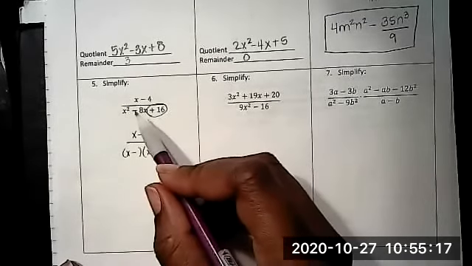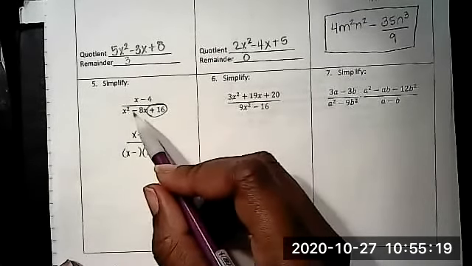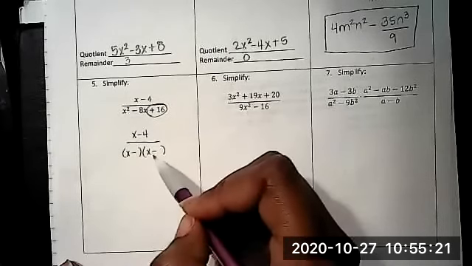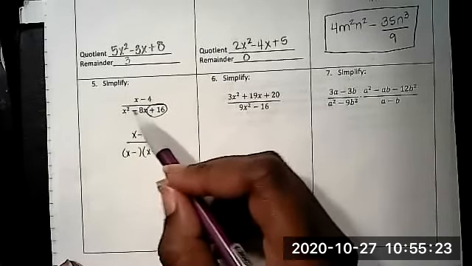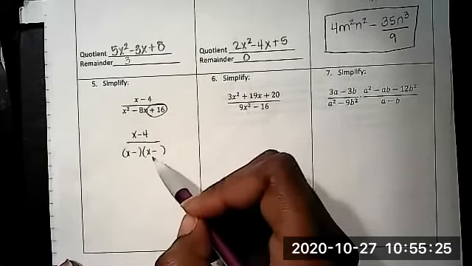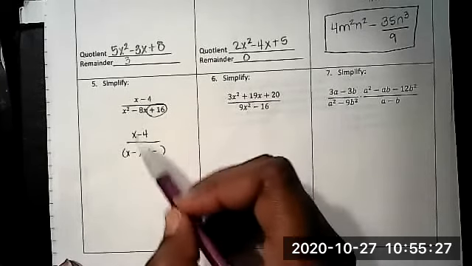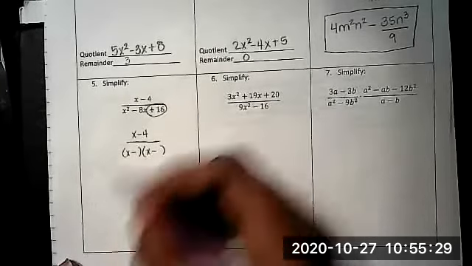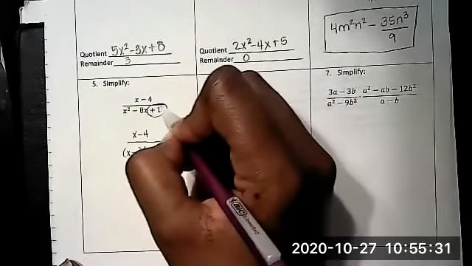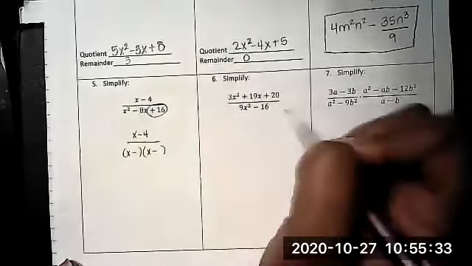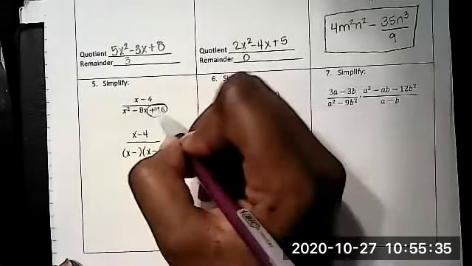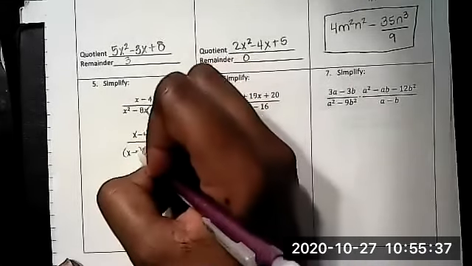Because this last number is plus and the first number is minus. If this was plus and this was plus, it'd be plus and plus. If the last number is negative, of course, it'd be 1 positive and 1 negative. So you're trying to find your multiples of 16 that add to give you 8. Multiples of 16 that add to give you 8, it looks like 4 and 4.